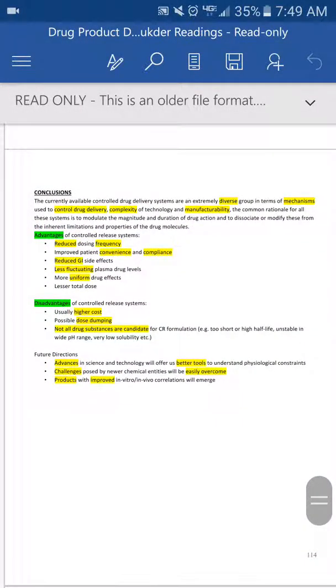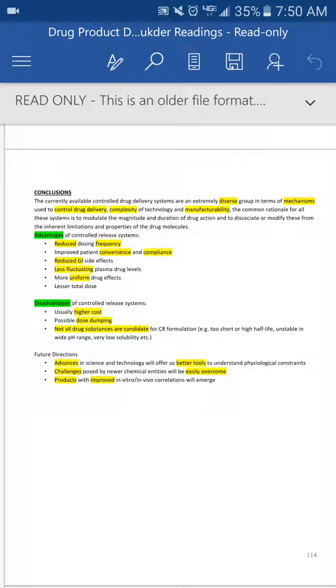Conclusions for the controlled delivery. So, extremely diverse group, lots of mechanisms that control drug delivery, complexity, and manufacturability. So you always want to modulate the magnitude and duration of drug action, and to dissociate or modify these from inherent limitations and properties of the drugs.